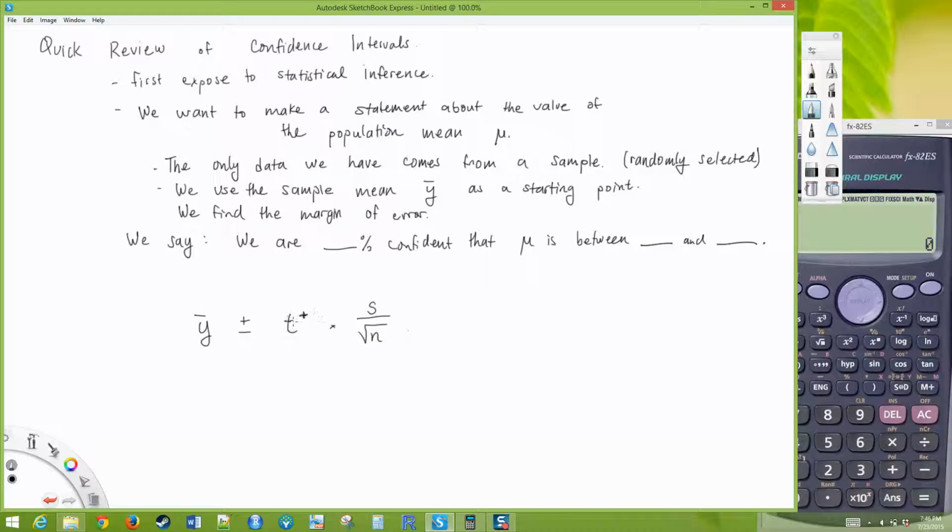And we use the t-distribution because we don't know the population standard deviation sigma, so S is a stand-in, and so the t-distribution gives us a little extra breathing room, or it accounts for the uncertainty in S.